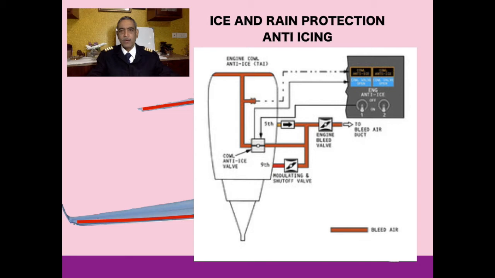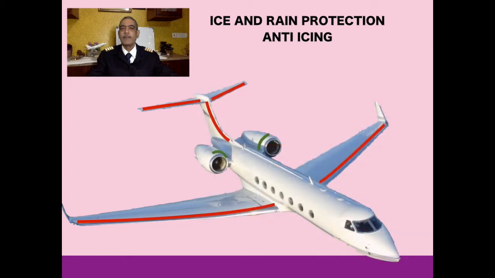Okay, how is the anti-icing system constructed? Like the air conditioning system, from the same tapping, hot compressed air is tapped from the compressor stage. Now a portion of it is routed through a different valve and a different outlet, and this hot air is ducted and sent all over the leading edges of different control surfaces in the plane.